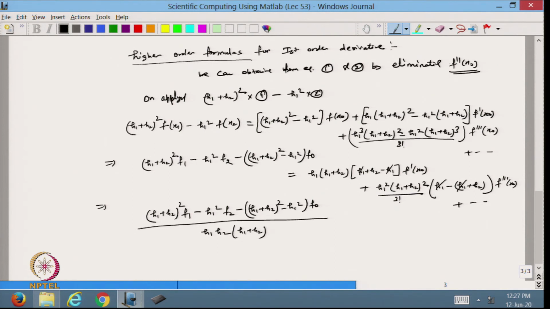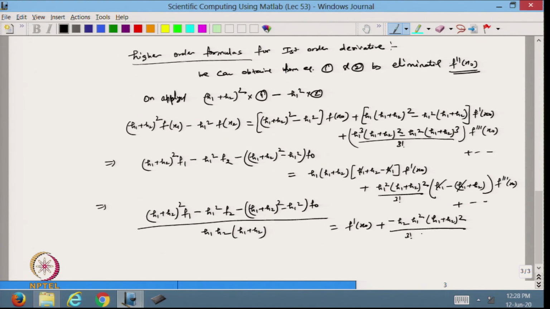This one can be written as equal to f dash x naught plus, and from here also I will get, so that expression becomes, so this will cancel out. So it will be minus h2 into h1 square h1 plus h2 square by 3 factorial, and I am dividing by this one.